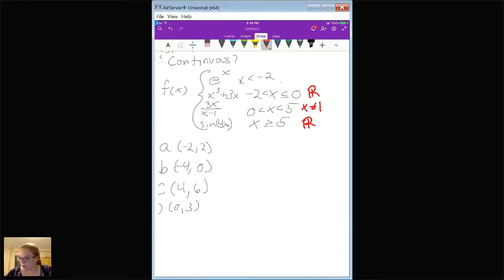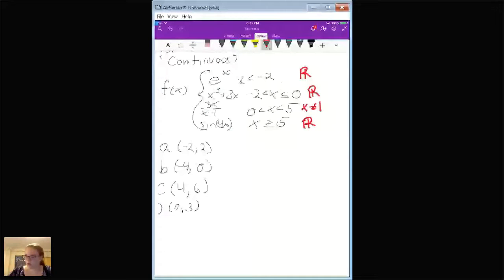Okay, great. Awesome. So what about e to the x? Do we have a domain of all real numbers? Yeah, e to the x, we can plug in anything we want. The only issue is we have a horizontal asymptote, so there's y values we won't get. So we can plug in any value here, all real numbers.